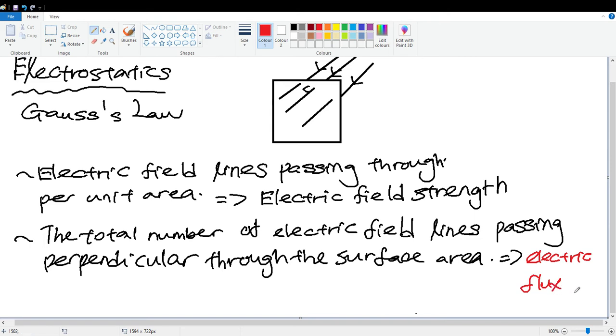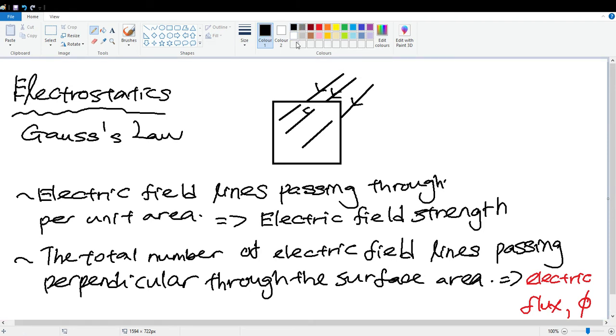Electric flux has a symbol, which is phi. So this is the symbol. Alright, so electric field strength is the total number of electric field lines passing through per unit area of the metal plates.